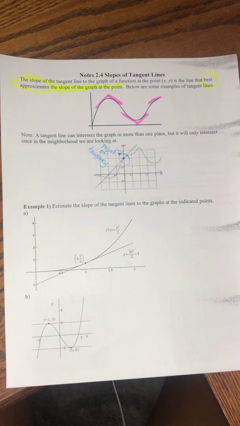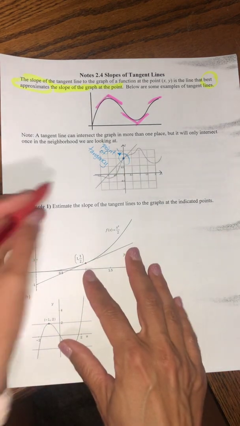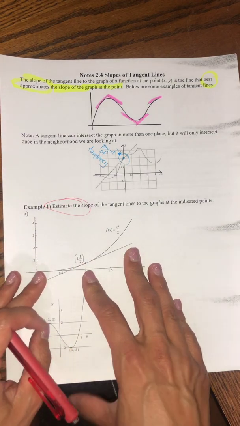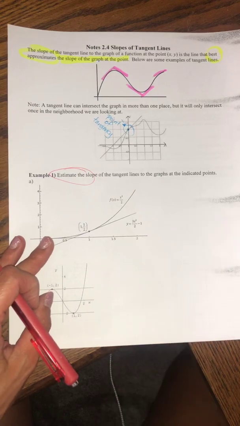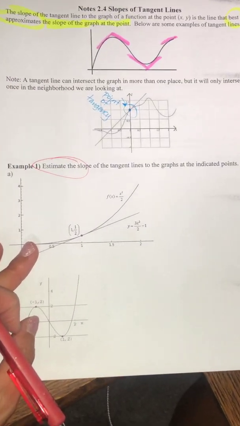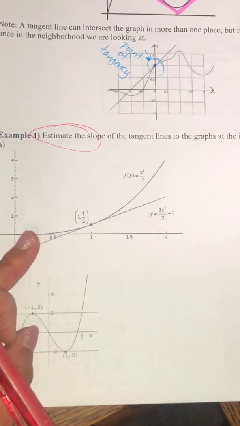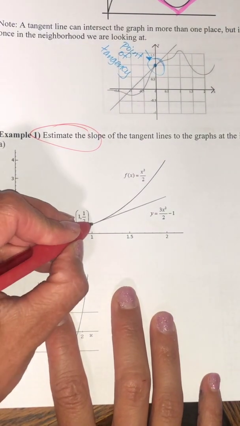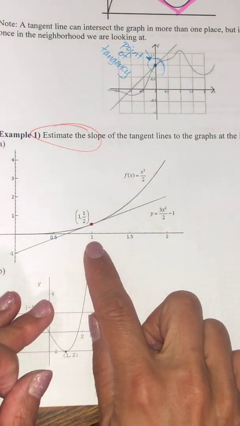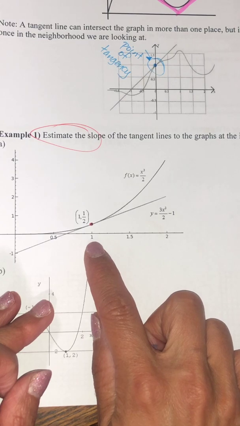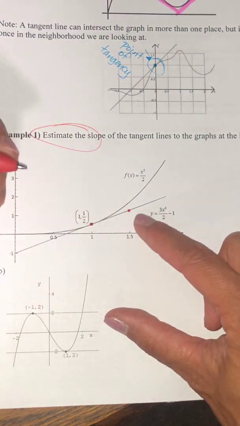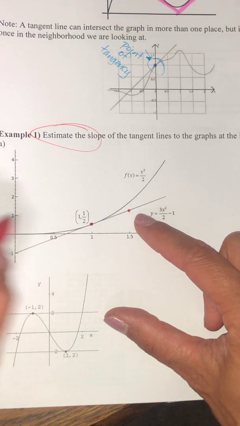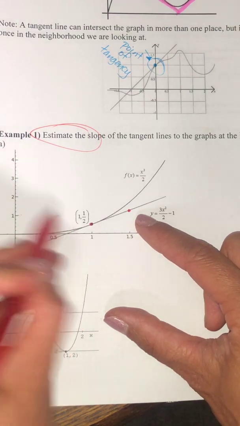Okay, so number 1, it says estimate the slope of the tangent lines to the graphs at the indicated point. Okay, so in this first one, let me zoom in a little bit. We can see that we're tangent at this point, one half, and we need to try to estimate the slope. So the best next point would probably be about right here, and it looks like it's the same level as this positive 1.